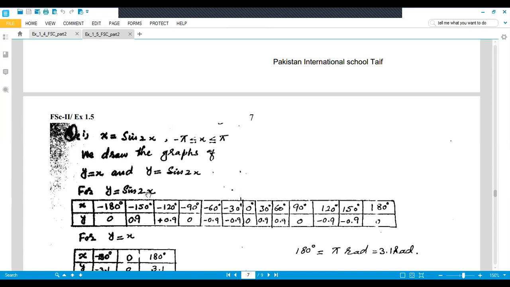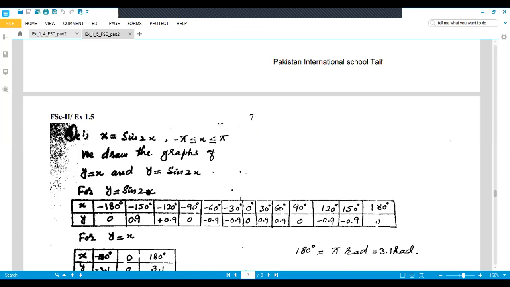When you put minus 120 in place of x, you get minus 240, and sine of minus 240 is 0.9. When you put minus 90, 90 into 2 is 180, and sine 180 is 0.